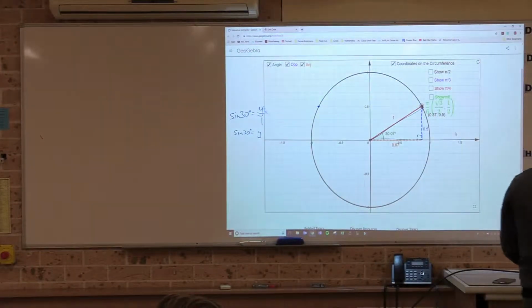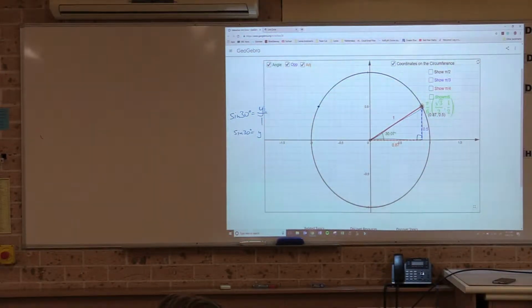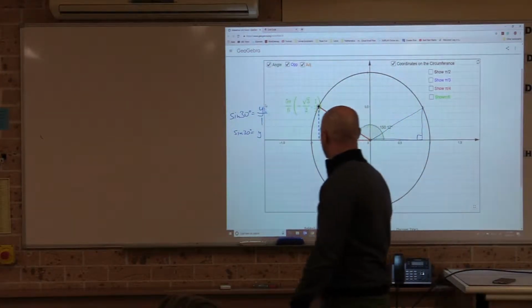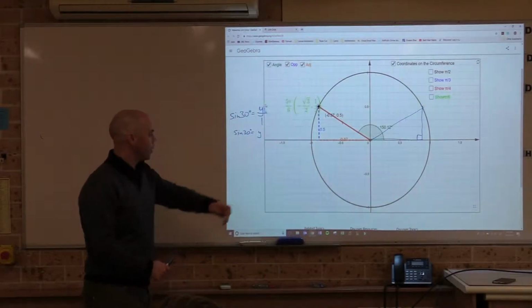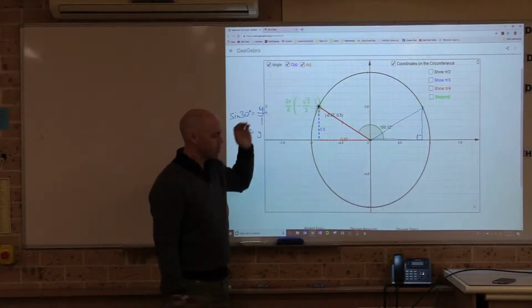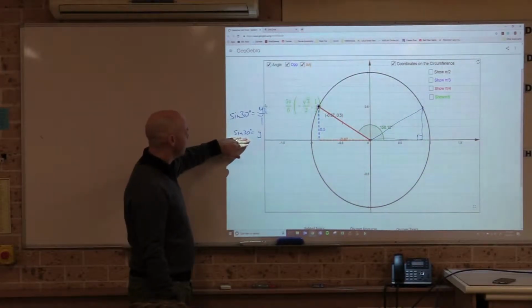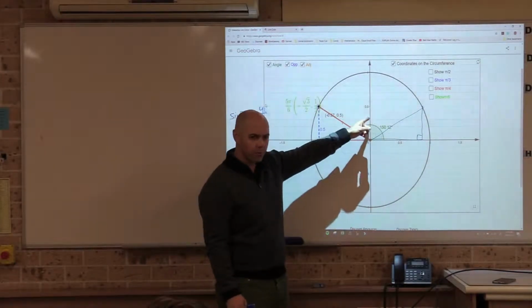Let's do it on our interactive. So if I drag this one right around, it takes us all the way over to this side, to that same point there. Okay, there we are. Another point on that unit circle with the same y value, and therefore another point that is equal to sine of 30 degrees. But what is the angle that we've gone through?